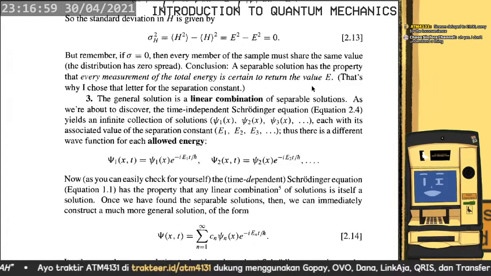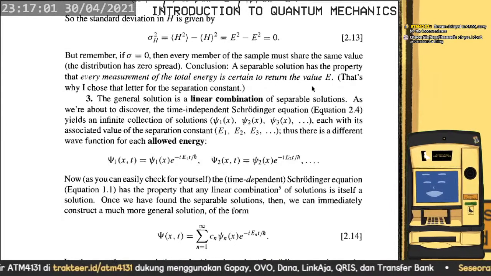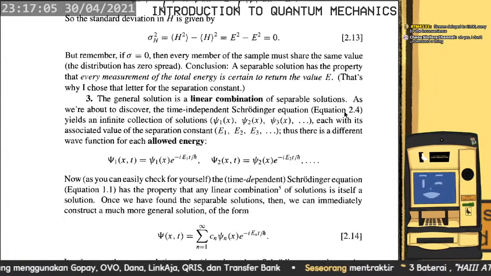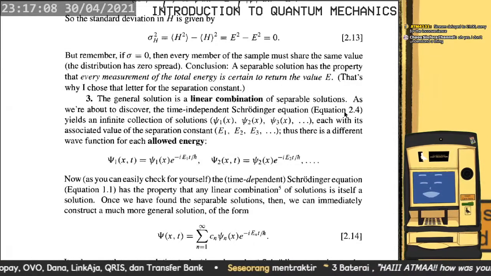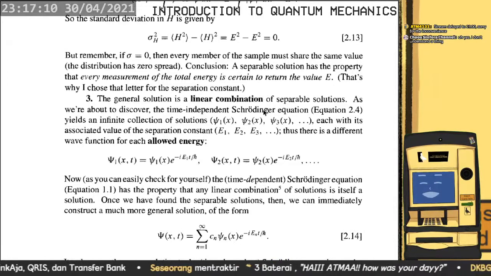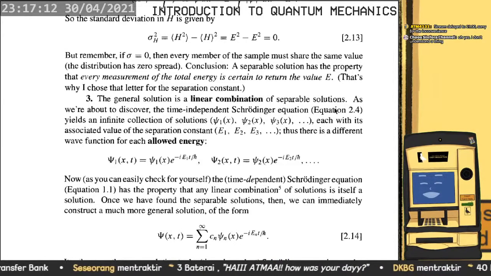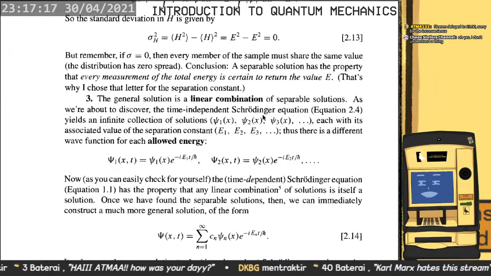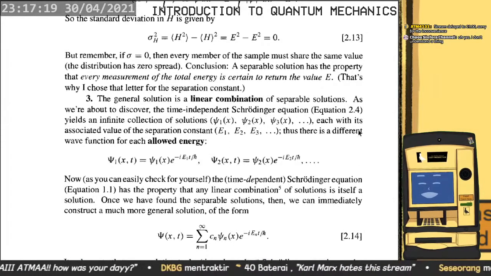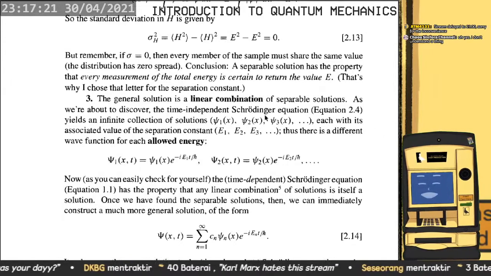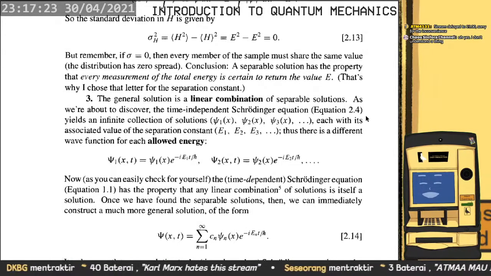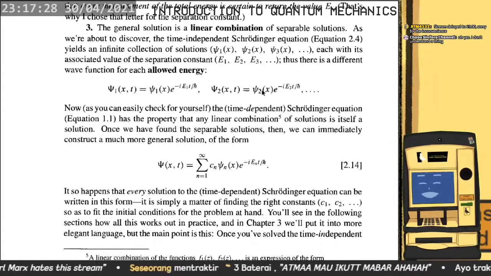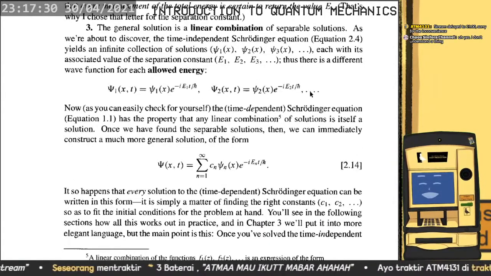As we are about to discover, the time-independent Schrödinger equation, like equation 2.4, yields an infinite collection of solutions, ψ1(x), ψ2(x), ψ3(x), and so on, each with its associated value of the separation constant, E1, E2, E3, and so on. Thus, there is a different wave function for each allowed energy.